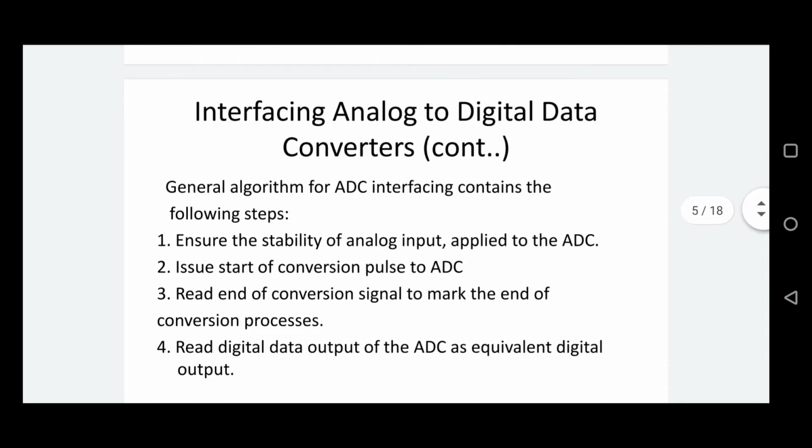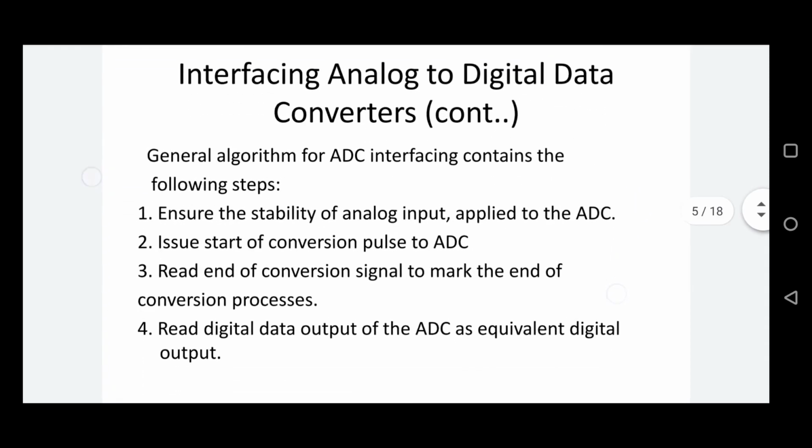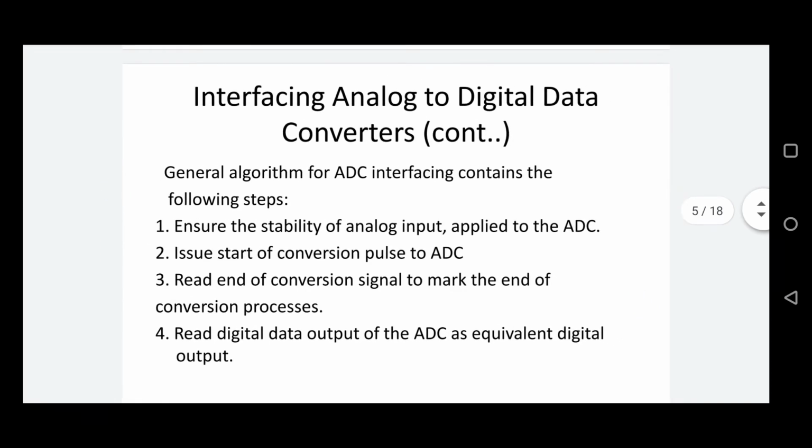This is the general algorithm for ADC interfacing, containing the following steps. First, we have to ensure the stability of the analog input before applying the input to the ADC. Second, the microprocessor will issue a start of conversion pulse to the ADC.